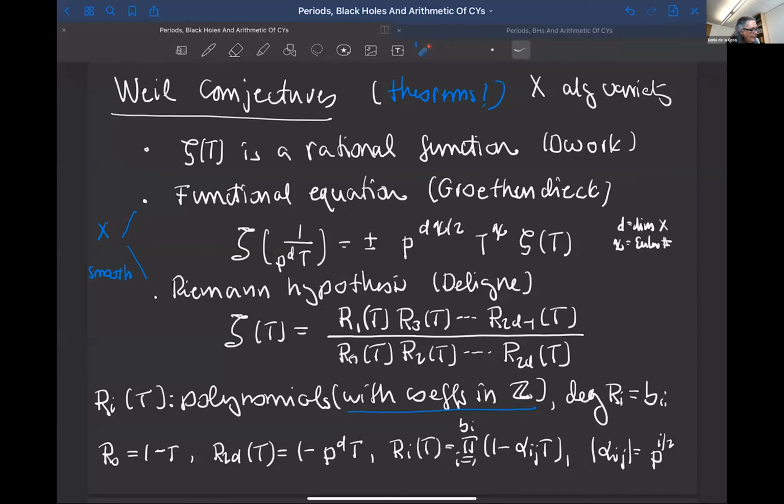So these Ri's are polynomials with coefficients in Z, and the degree of each of these is bi, where bi is the ith Betti number. Notice that the factors in the numerator have the odd Betti numbers, and the factors in the denominator have the even Betti numbers. The Weil conjectures say more. They also tell you a bit about the roots of these factors here.